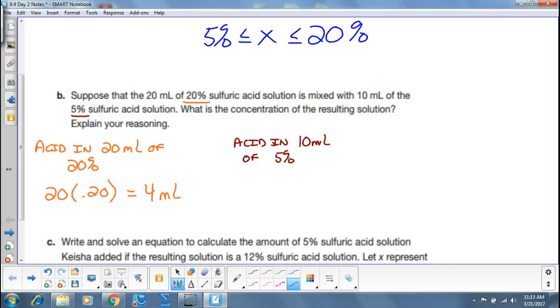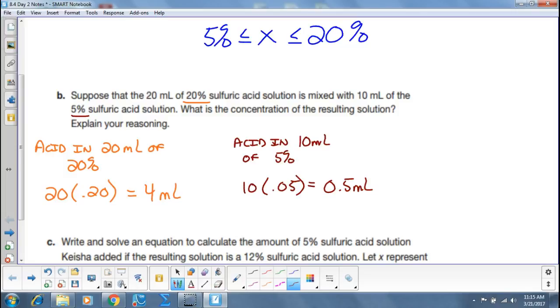So how much acid is in that 5% solution? 0.5 milliliters, because you've got 10 times 0.05, and that's going to equal 0.5 milliliters. Okay?